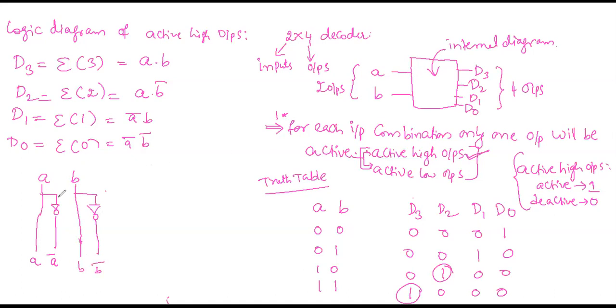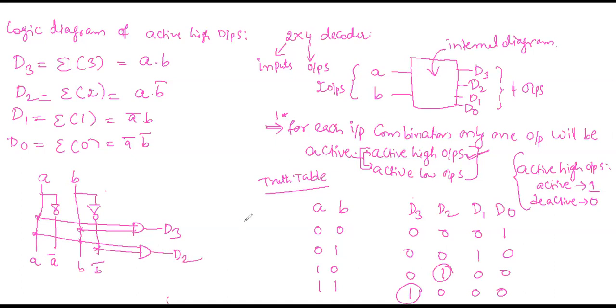Now, first one, D3 is equal to A into B. So from A, take one line, from B, take one line. This is D3. Next, D2, A B bar. From A, take one line, from B bar, take one line.